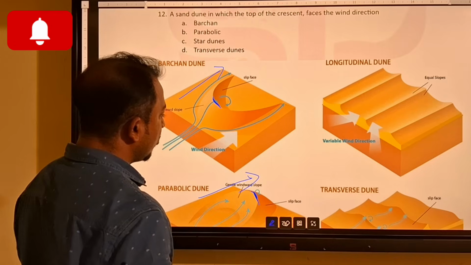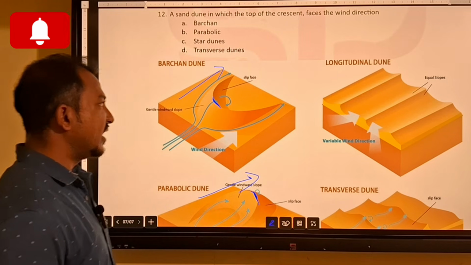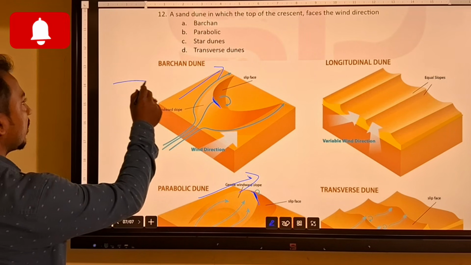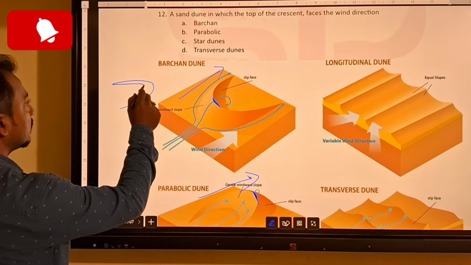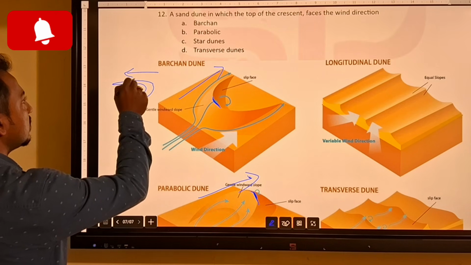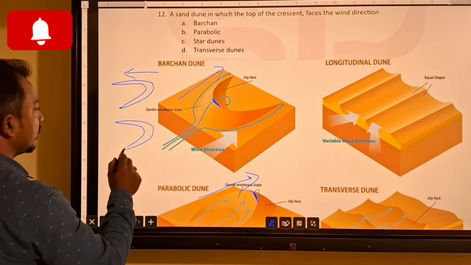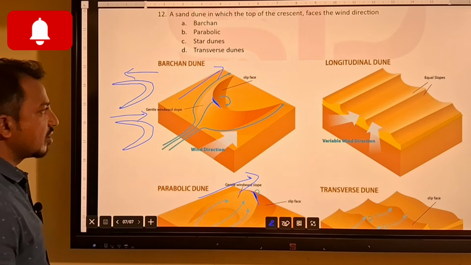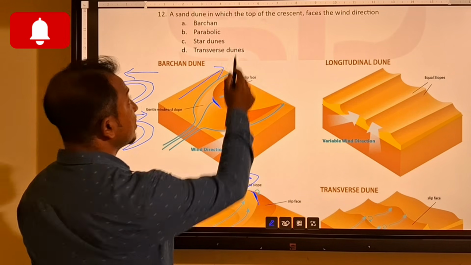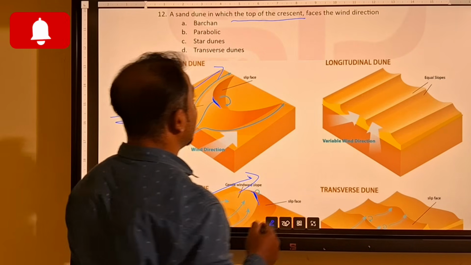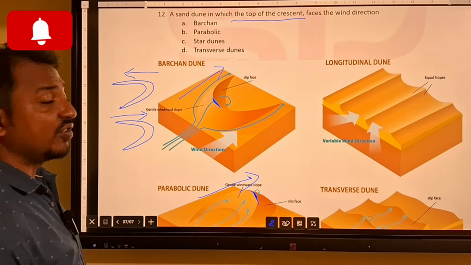This is the wind flowing direction. So this is your Barchan, and this is your parabolic. Now the question asks which has the top of the crescent facing the wind direction.